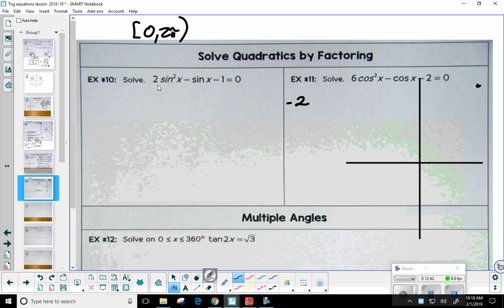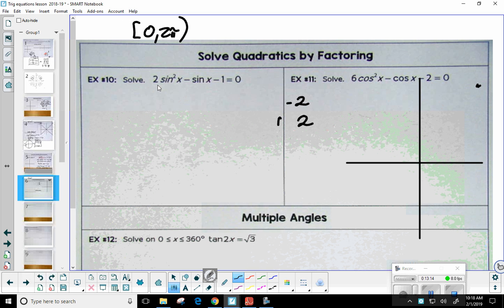Now the F in father stands for factor. So what are the only factors of 2? 1 and 2.